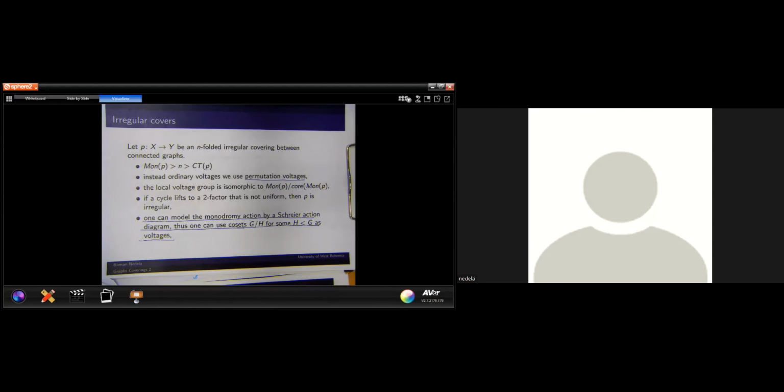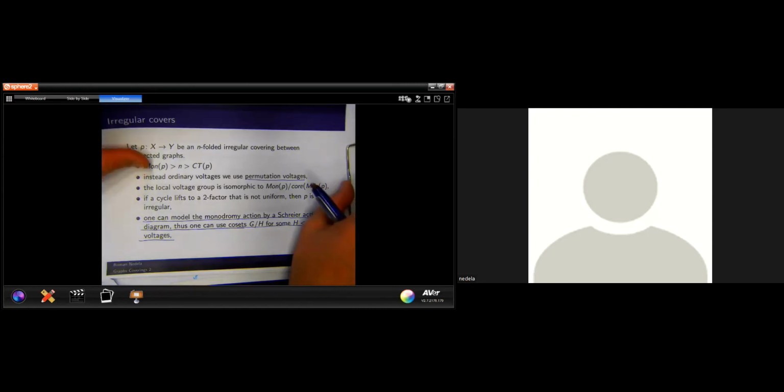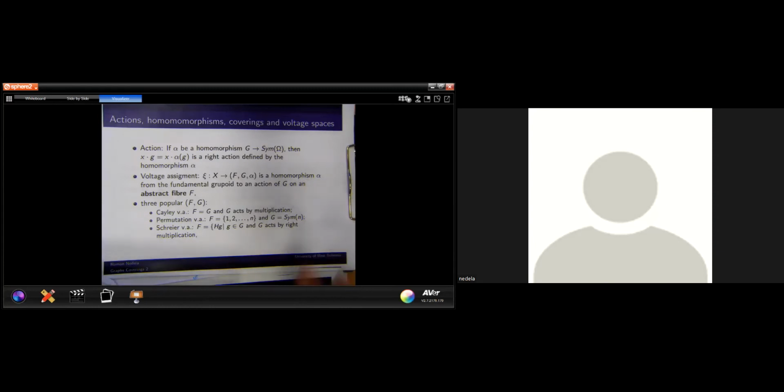So this happens also here. We can model the monodromy action by Schreier action, and this gives rise to the idea of Schreier voltage assignments. And because there were too many voltage assignments, two decades ago, with Sandy Malnič and Martin Škoviera, we were thinking about some unified theory of voltage assignments, and we found it.